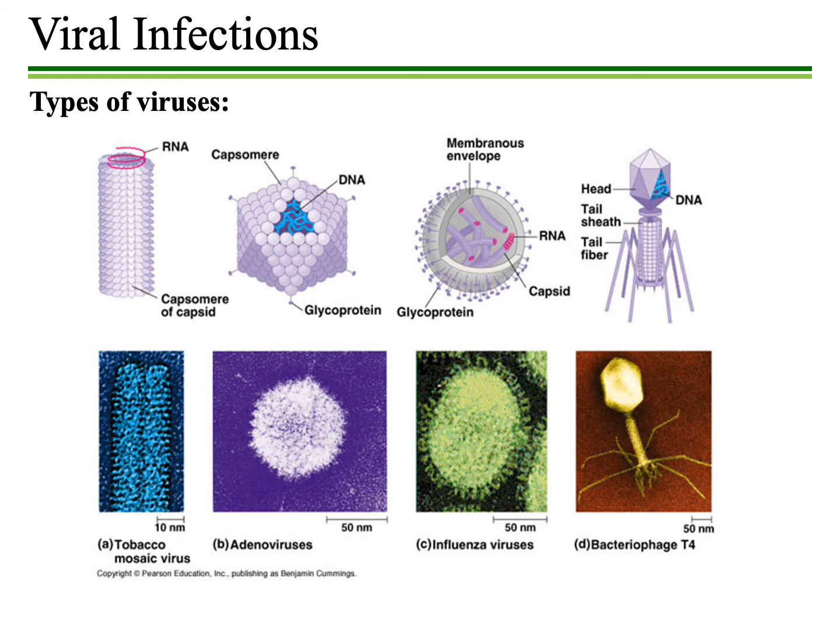And what you see in this particular slide are just different examples of viruses that have been identified. There are, in fact, viruses identified to infect just about any cell type. The very first one is tobacco mosaic virus, which obviously infects plants.